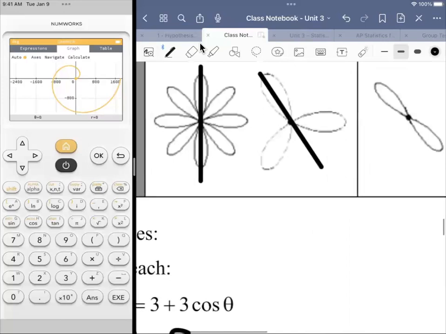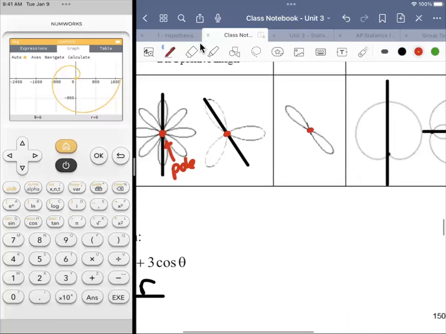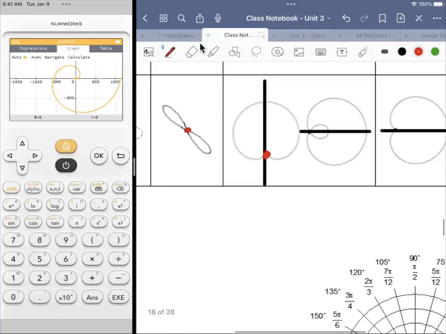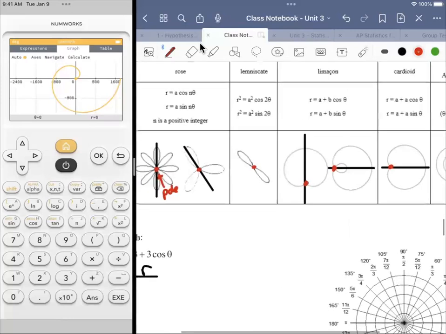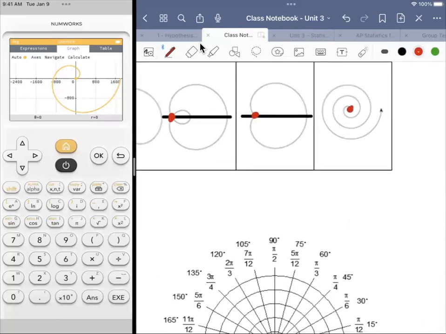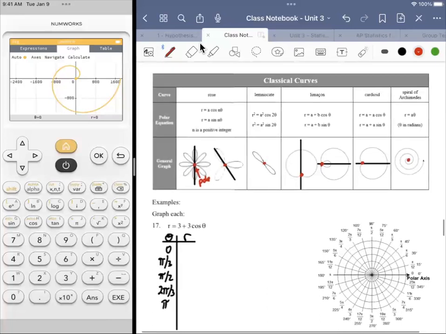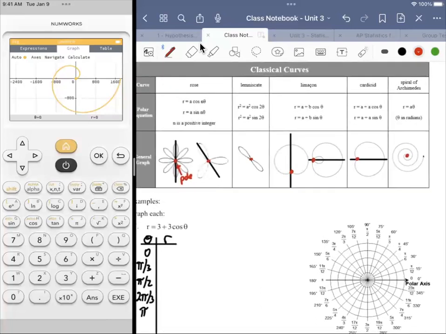All right. So now I kind of lost the darkening, but this is the pole. So here, here, here, here, here, here. So, I might as well plot it here and here. So your line of symmetry, if it exists, is going to go through the pole. So that helps also. All right.